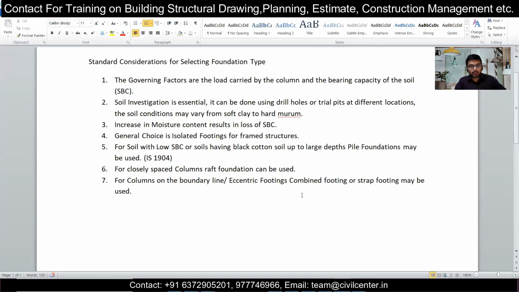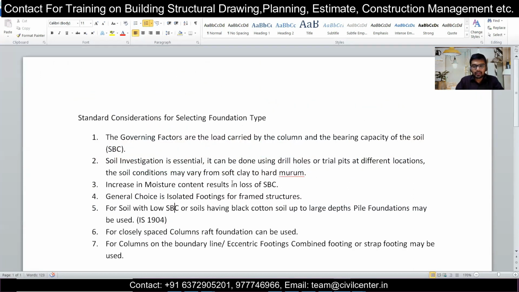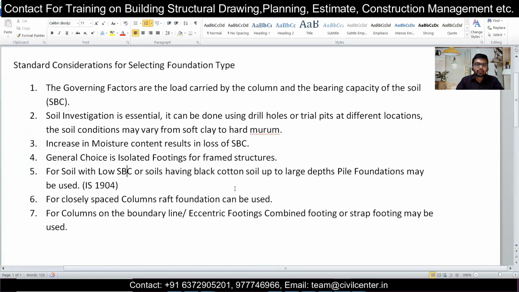So first of all, we need to see some general considerations which are used in the foundation design. So I have arranged some of the considerations together. The first thing you need to know is that for deciding the foundation type, whether you need to go for isolated footing, pile foundation, or a mat foundation, the governing factors are the load carried by the columns and the bearing capacity of the soil.